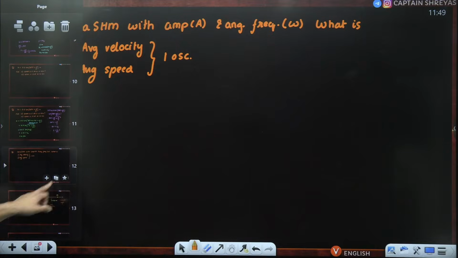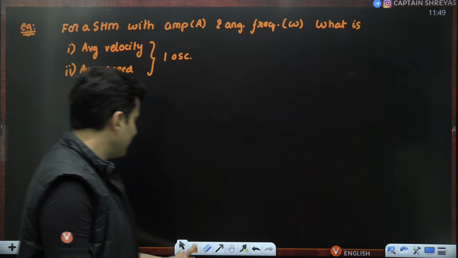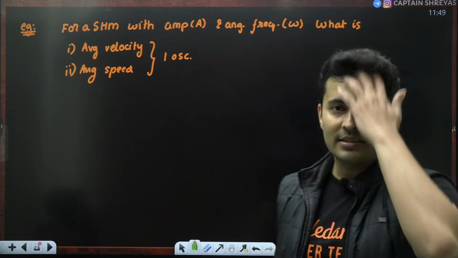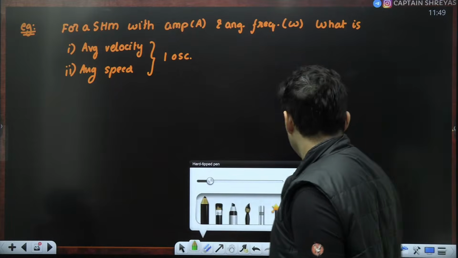That is the question. For one complete oscillation, what is the average speed and what is the average velocity? That is the question. Come on, think about it.